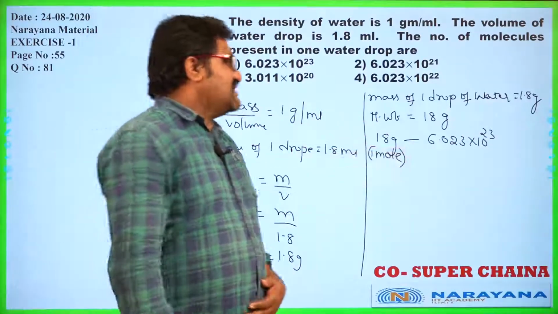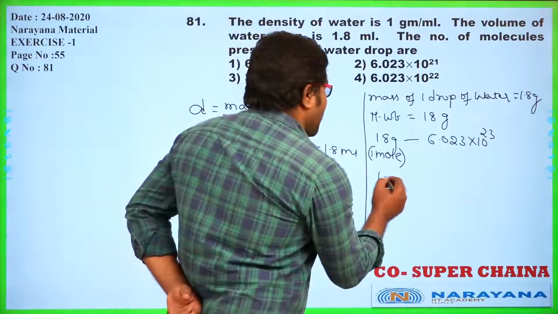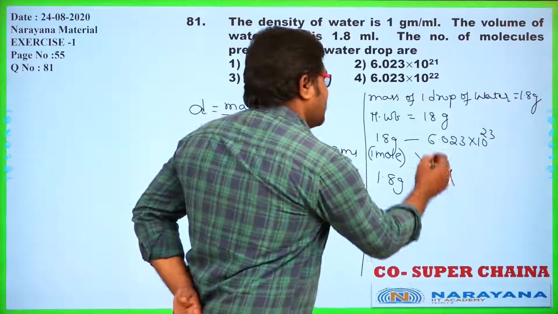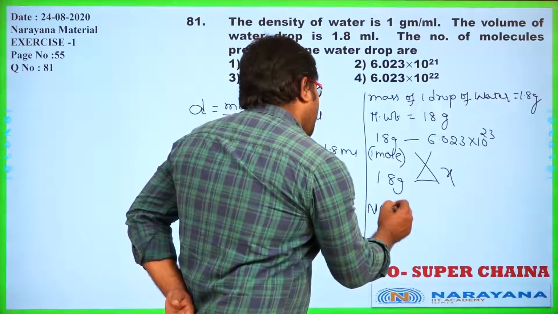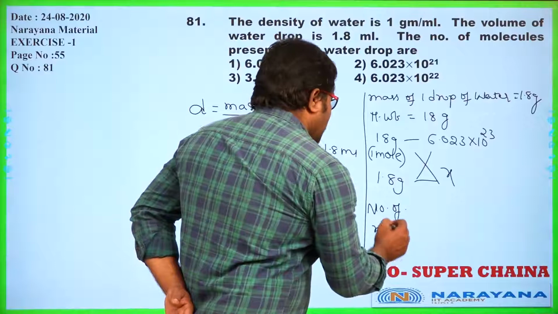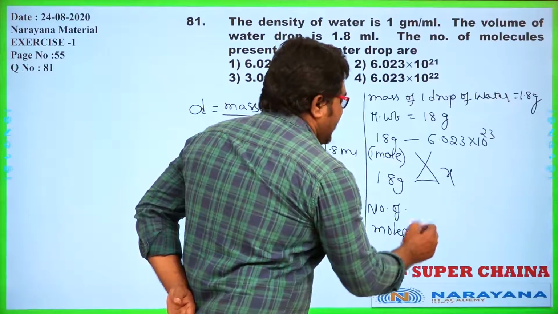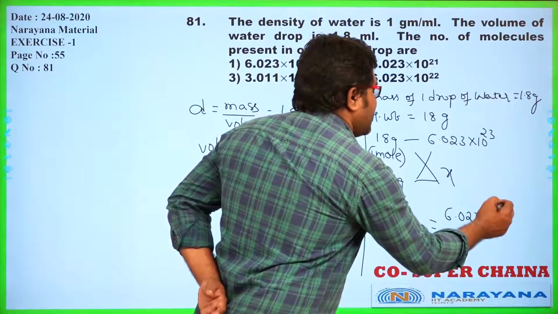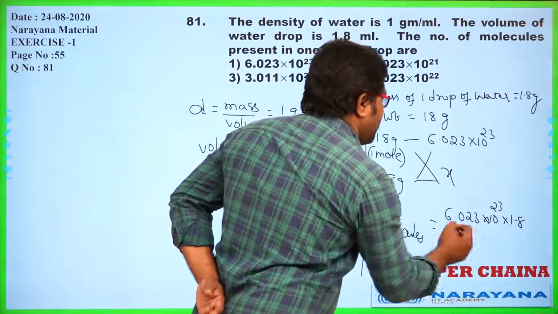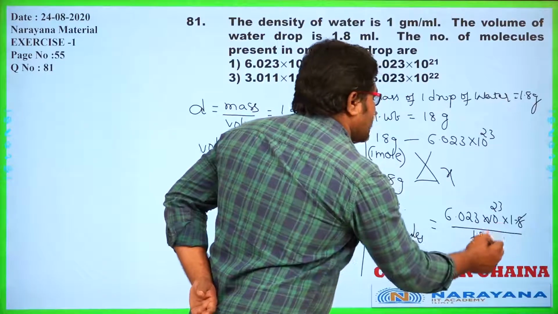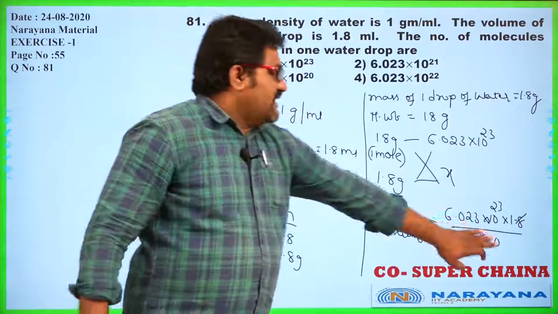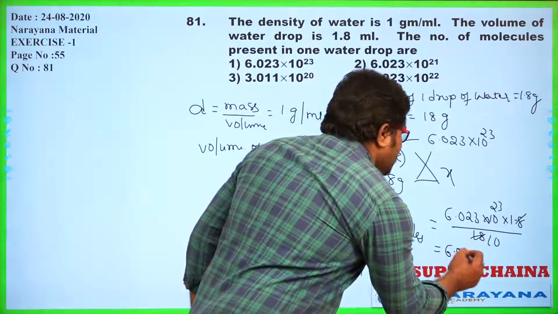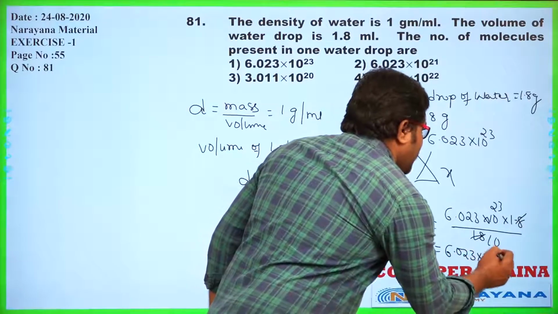But one drop is equal to 1.8 grams, then how many molecules are there? Number of molecules in 1 droplet is equal to 6.023 into 10 power 23 into 1.8 divided by 18. It becomes 10 power minus 1, and the answer should be 6.023 into 10 power 22.